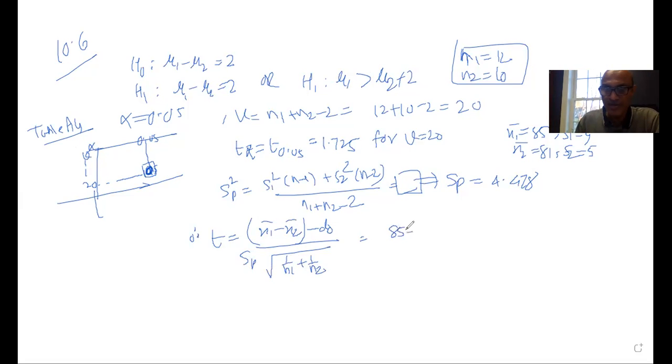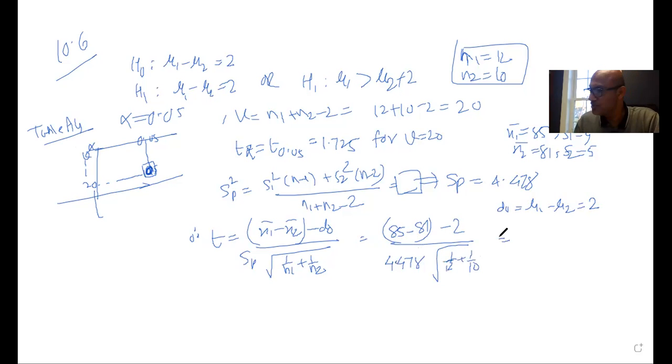So here it is 85 minus 81, minus D0, which is nu1 minus nu2 equal to 2, divided by my SP, 4.478, times the square root of 1 over 12 plus 1 over 10. And if you use your calculator, you're going to get 1.04, right? So the T value is 1.04.